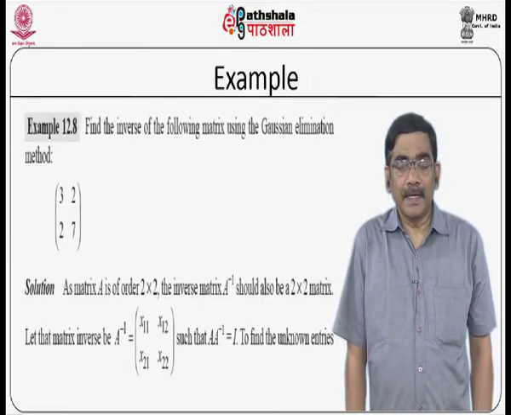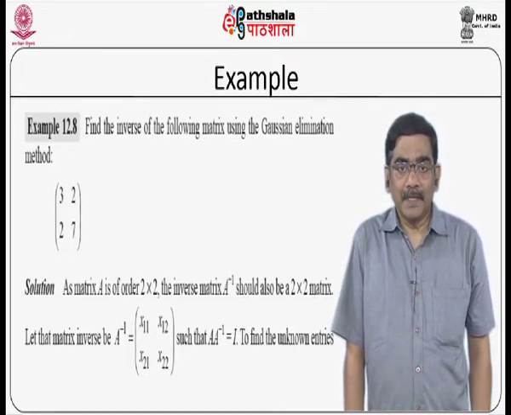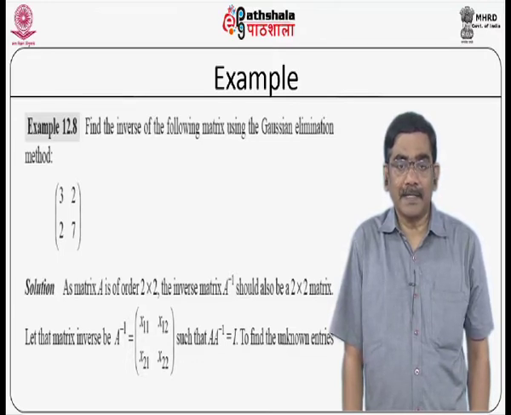So, you can take one small numerical example to illustrate this. Let us assume that we are given a matrix 3 2 2 7. So, the objective is I have to find the inverse matrix for that.